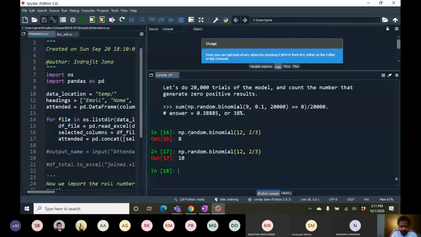So what is happening here? Essentially, it's like simulating the fact that you toss a coin 12 times, and suppose the probability of getting head of that coin is 2/3.